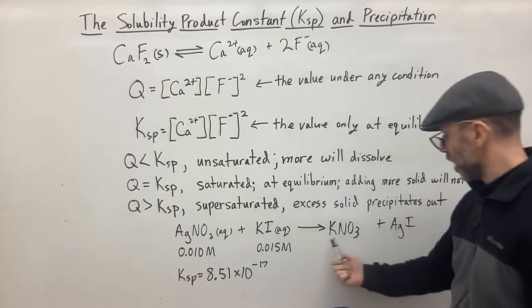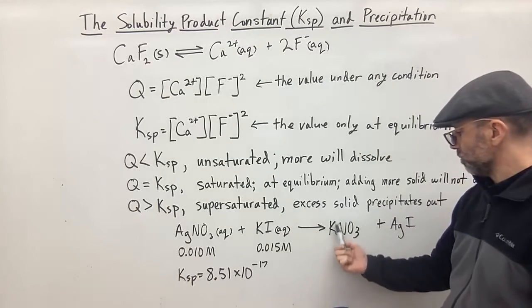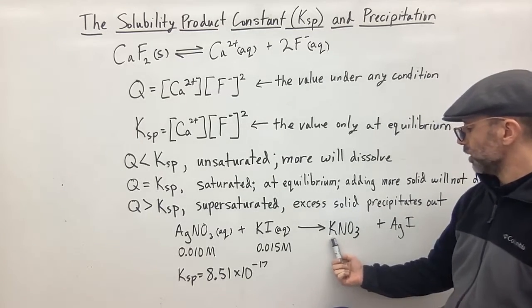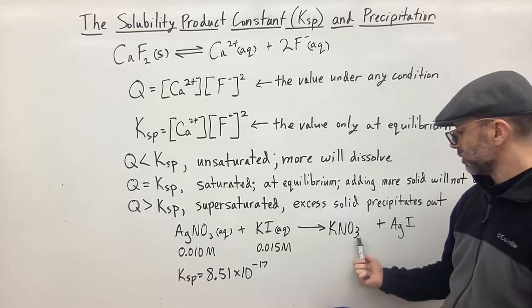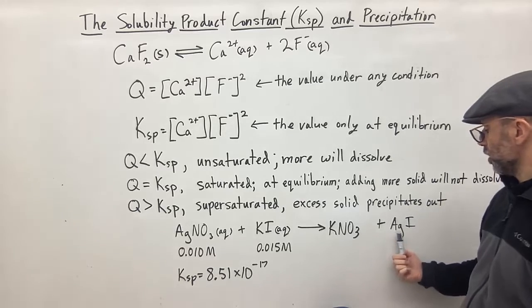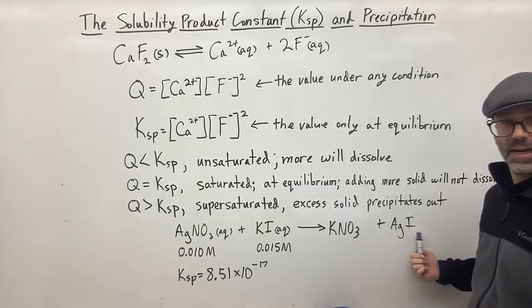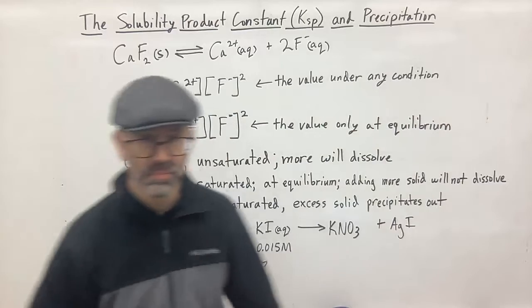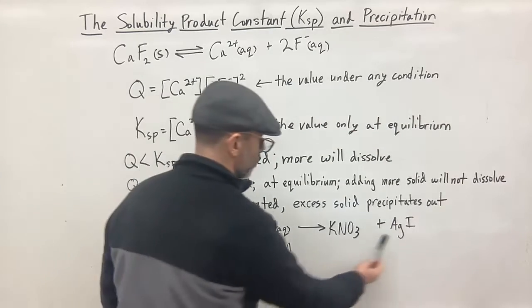And I balance the charge, so the formulas are balanced: potassium has a +1 charge, nitrate has a -1, so 1 each, and same with silver. Silver has a +1, iodide has a -1. So here are my two products.